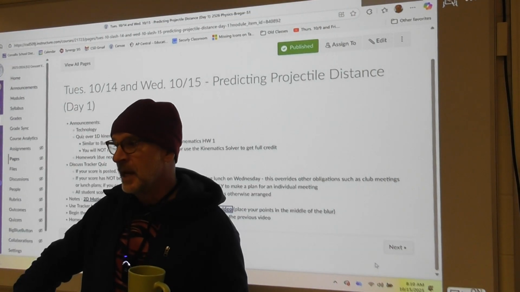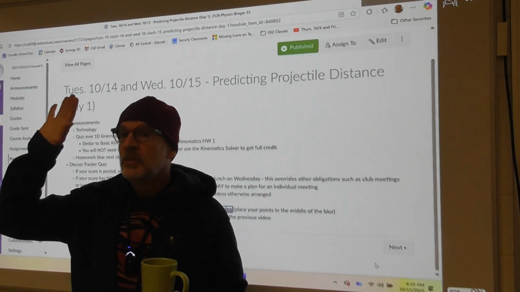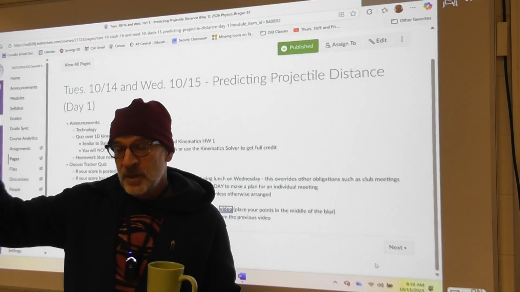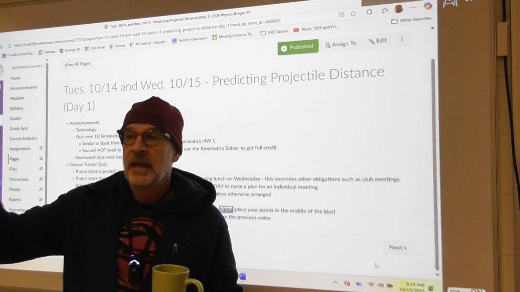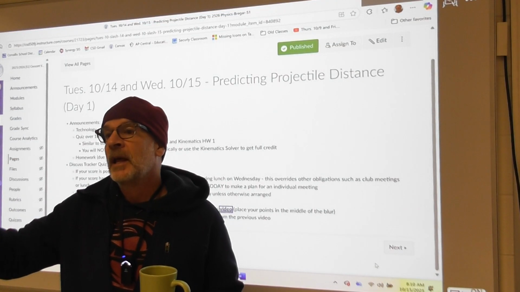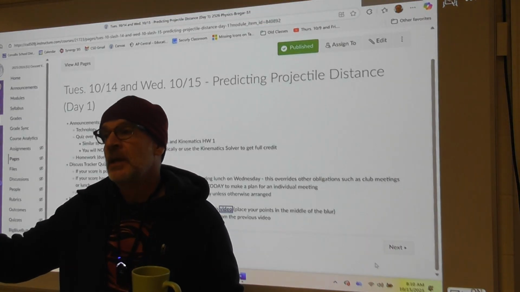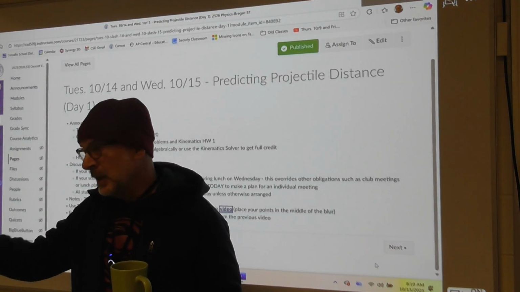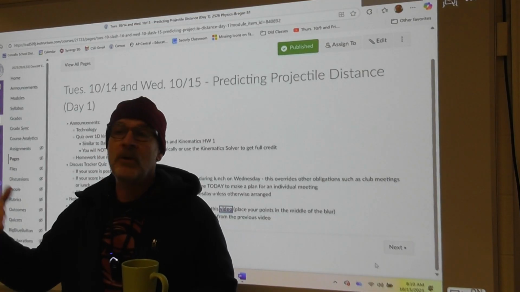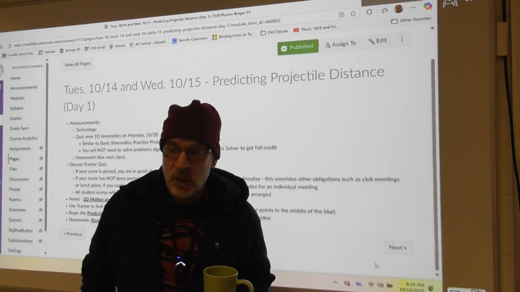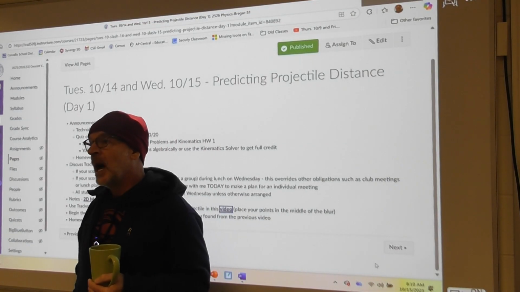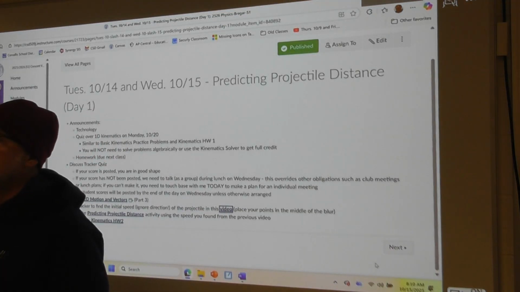You're going to get everything set up, and then you're going to tell me, these are the variables that I have. This is the variable I'm looking for. This is the equation I would use. And if you have the ability and time to do the algebra, great, do the algebra. If you don't, that's okay, because I know that you could use the solver to get it.